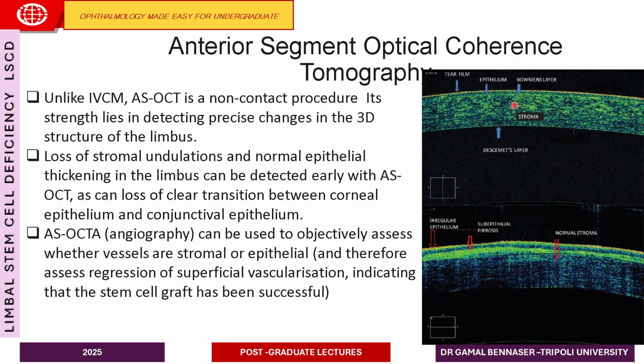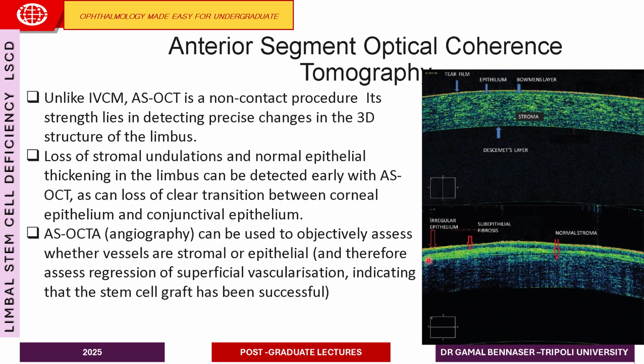As you can see in this picture, this is a normal cornea with a normal OCT picture, with normal corneal epithelium and normal stroma. However, when you look at this picture, you will find decreased thickness of the corneal epithelium and normal stroma, but there is subbasal fibrosis. This line indicates subbasal fibrosis, which is an important finding in limbal stem cell disease.